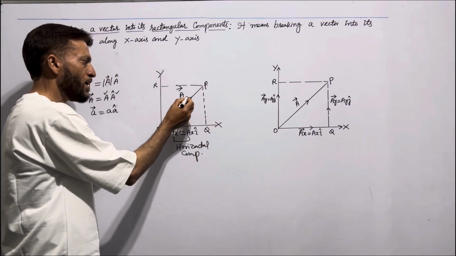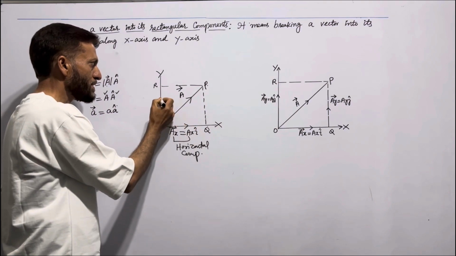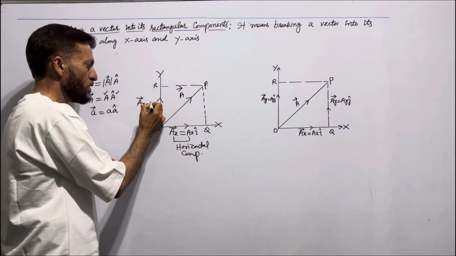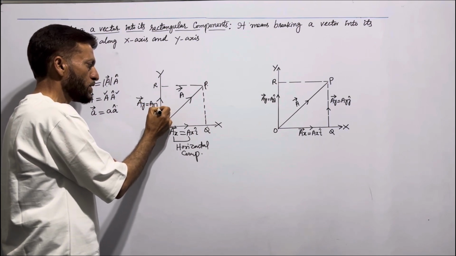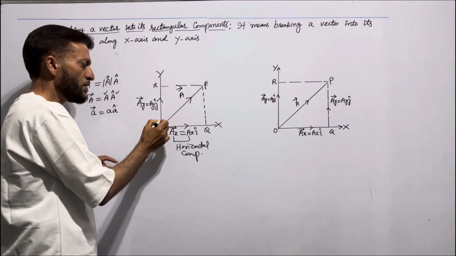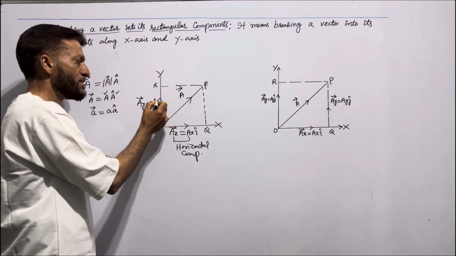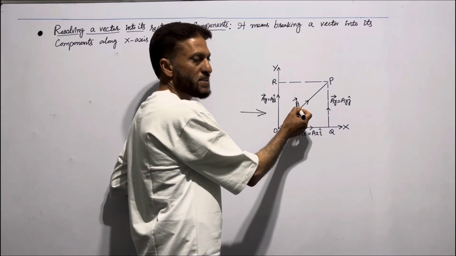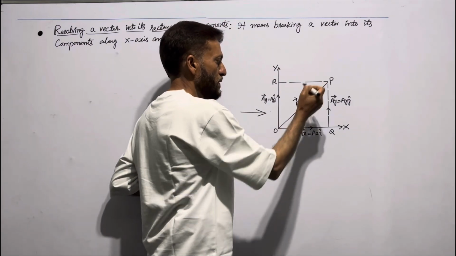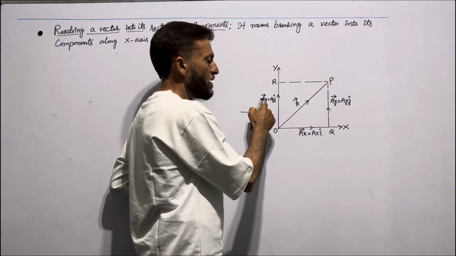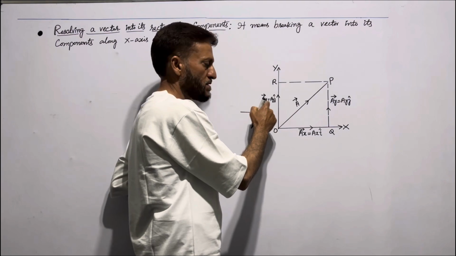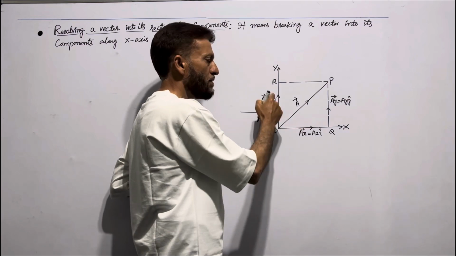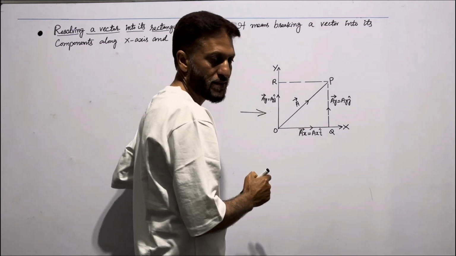Similarly, the component of vector A along y-axis will be denoted by AY. So AY equals to magnitude of AY into unit vector J cap. The unit vector along y-axis is represented by J cap. Our vector A, that is given vector, it is represented by OP. AX and AY are its rectangular components. AX is the component of vector A along x-axis and AY is its component along y-axis.